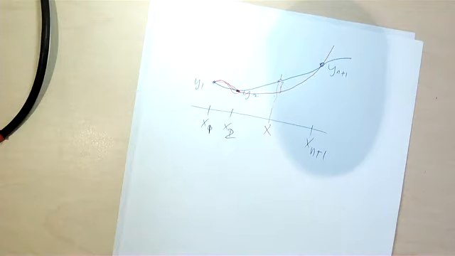You want the errors to be small, right? Otherwise, what is the point of interpolation? But how small can it be? So this theorem will give you the estimate. So now the error will be like this.